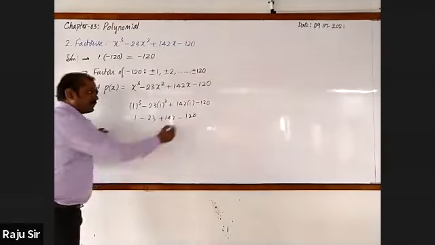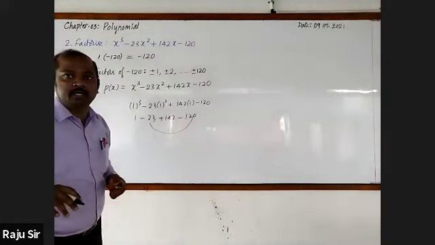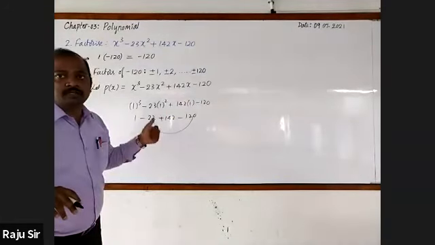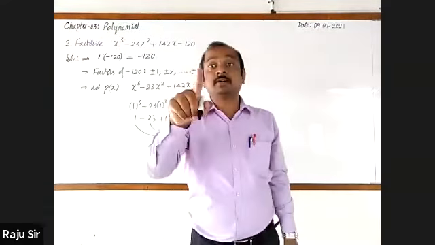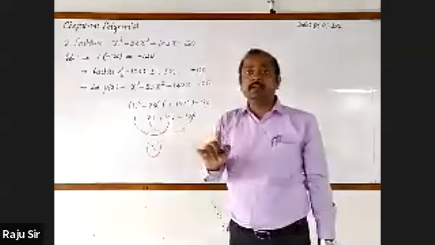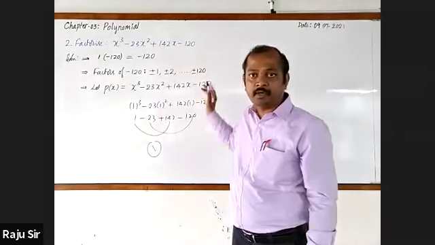Now, 1 minus 23 is minus 22, hmm, minus 120 minus 23 is minus 143. Fahim, let your concentration be here. It is 0, sir. Then 143 minus 143 gets cancelled. You'll get 0. Then you can take 1 as the zero of the given polynomial. Got it?